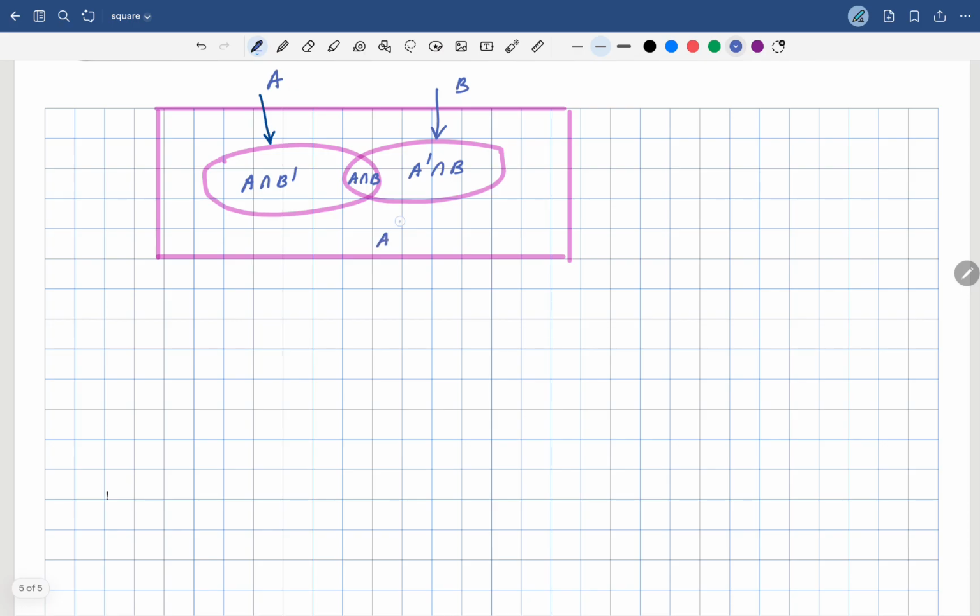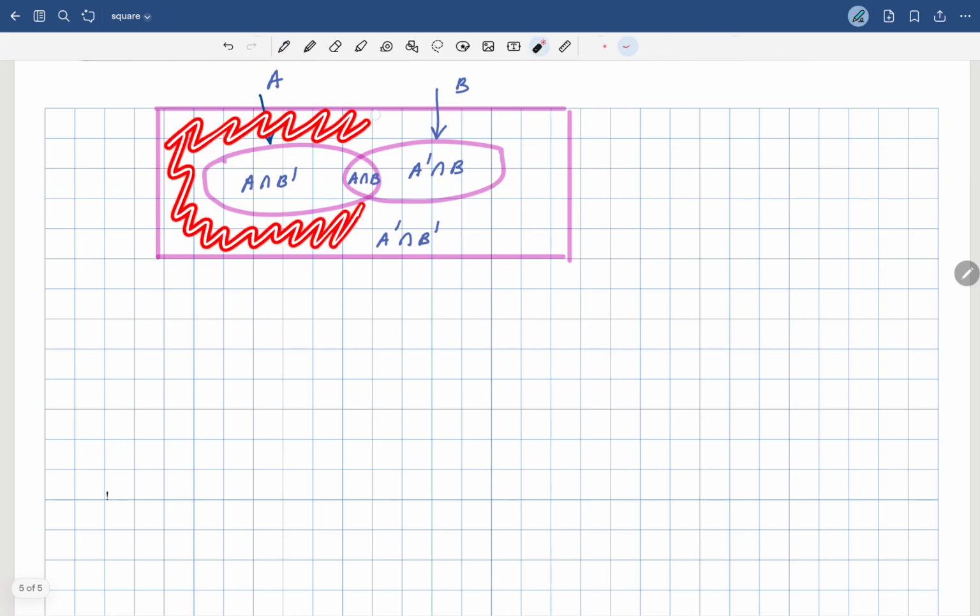Outside is A prime intersection B prime. That is the most outer. If you want to visualize it, you can shade it like this and see which one we are talking about.